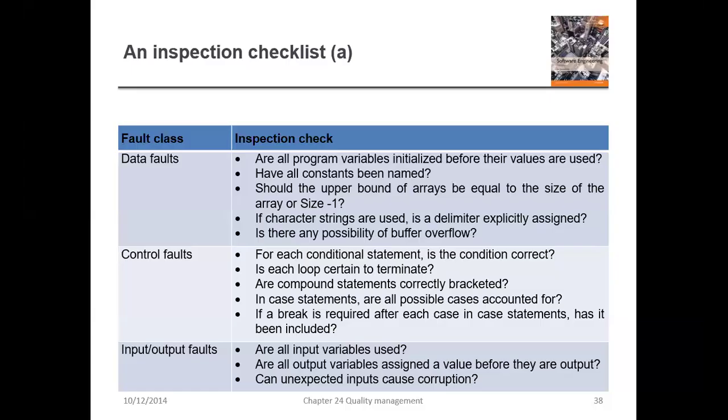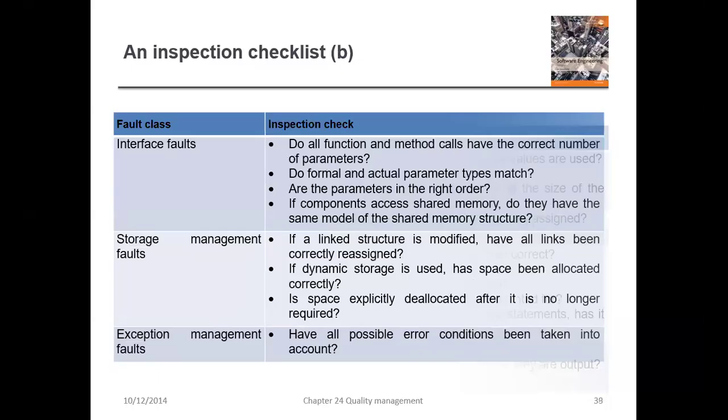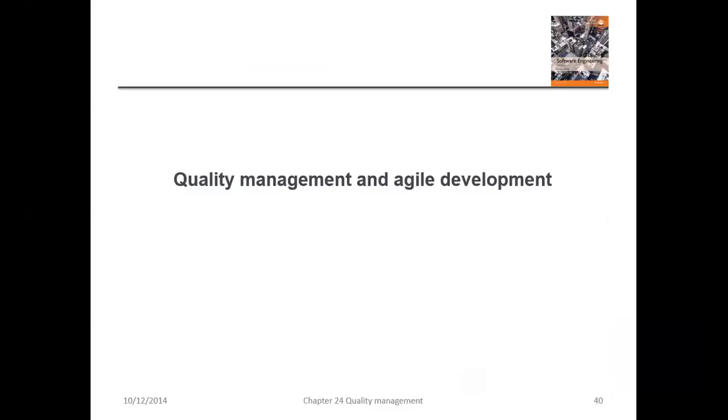To assure quality in a system that is being developed, that fits what we can call a plan-based approach to system development, where inspections can be done and the review can be done. How about agile development?